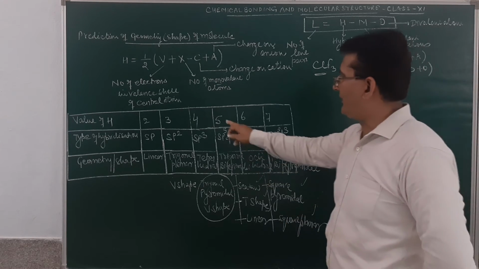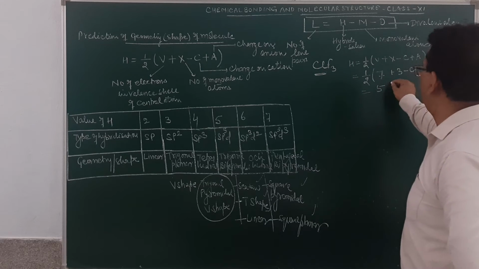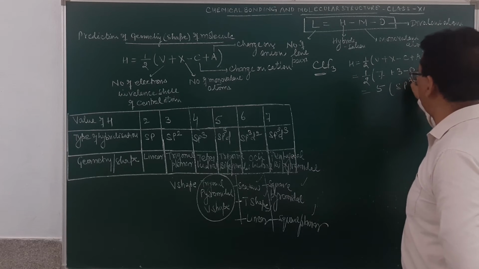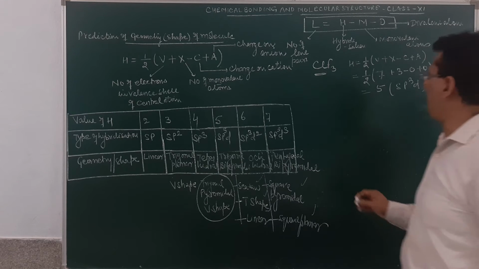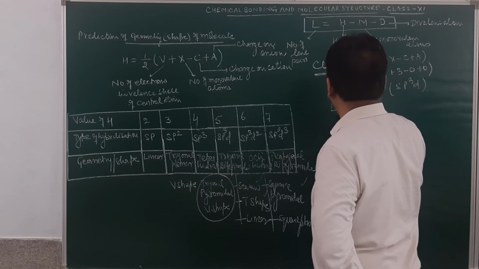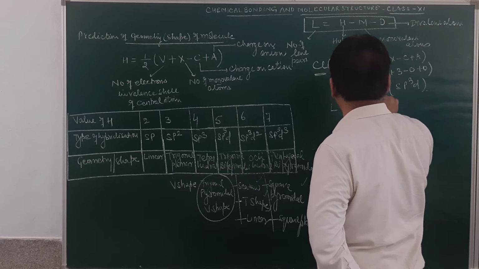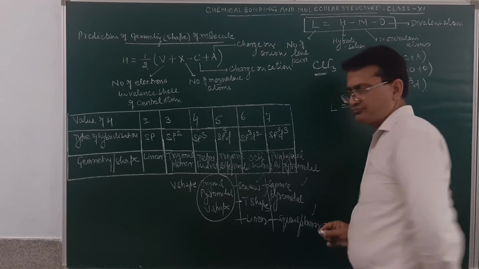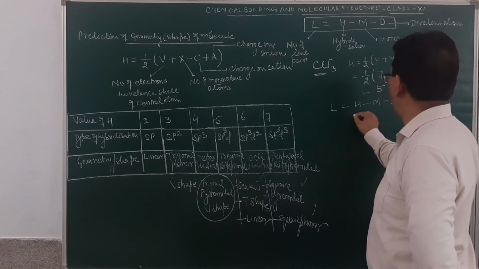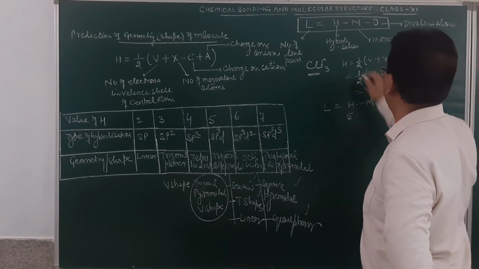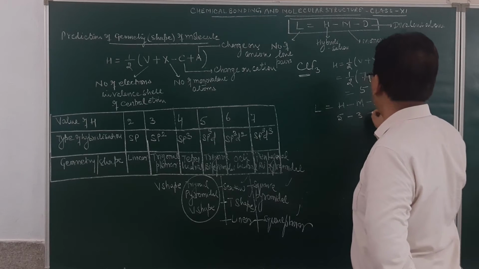Now, if the value of H comes to be 5, what type of hybridization will it have? sp3d. Now, find out the lone pairs of electrons over here. Lone pair will be equal to H minus M minus D. What is the value of H? 5. How many monovalent atoms? 3. Divalent atoms? 0.